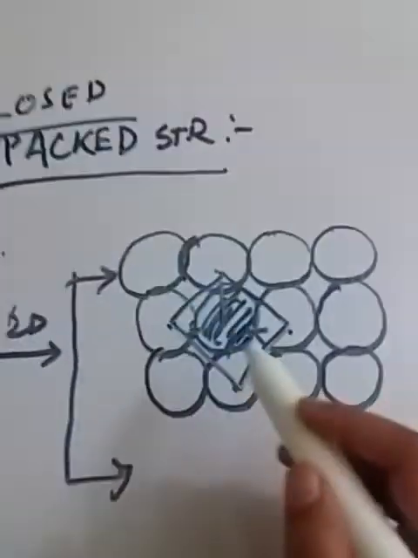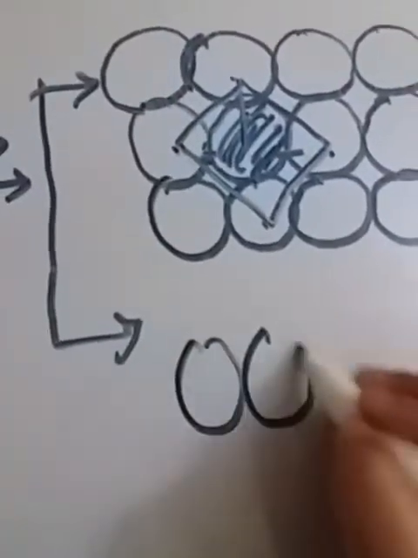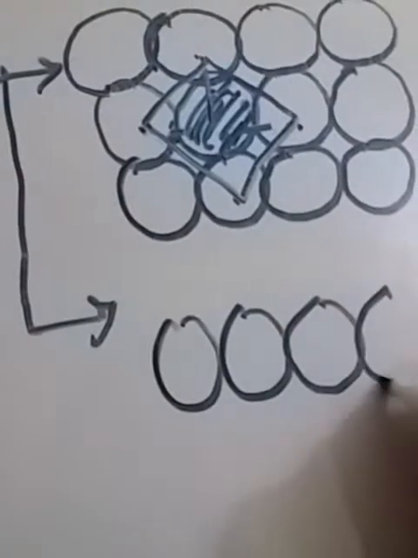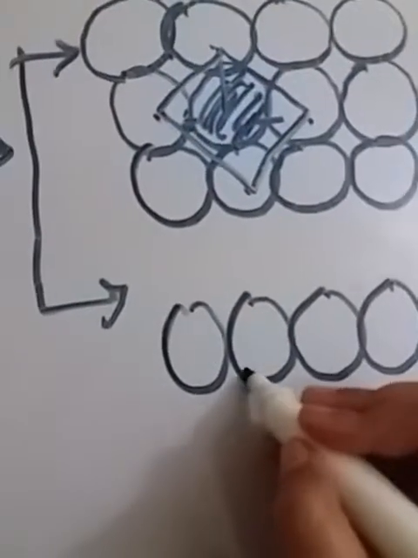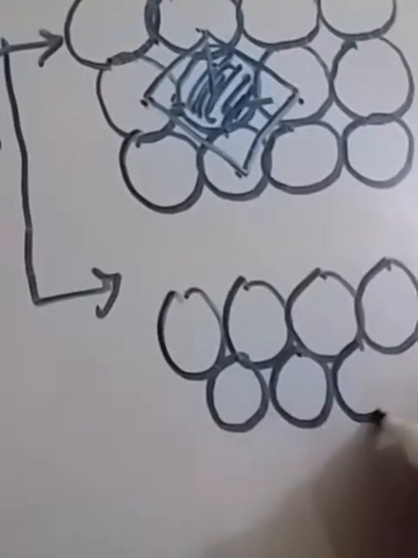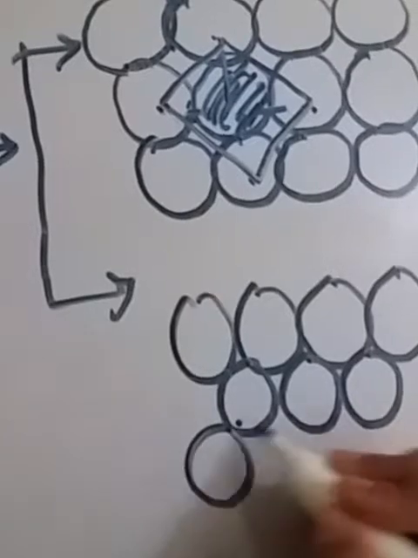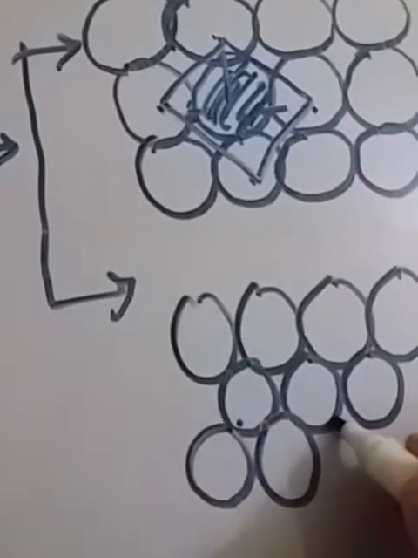Then the next way to convert it into 2-dimensional arrangement is to put the atoms in the depressions.